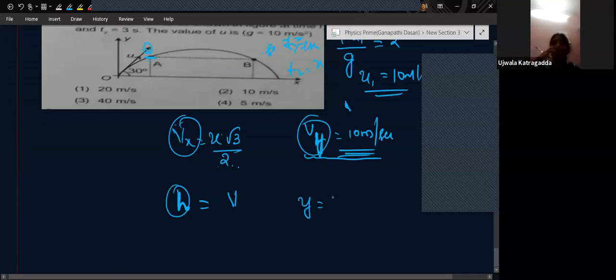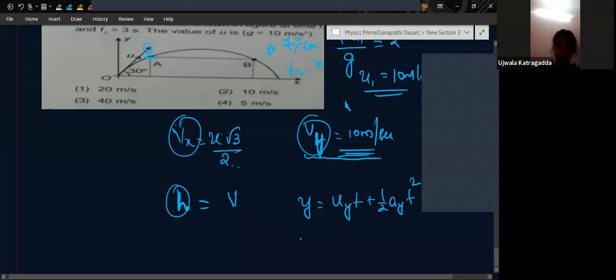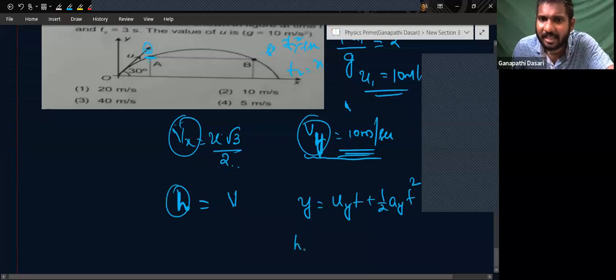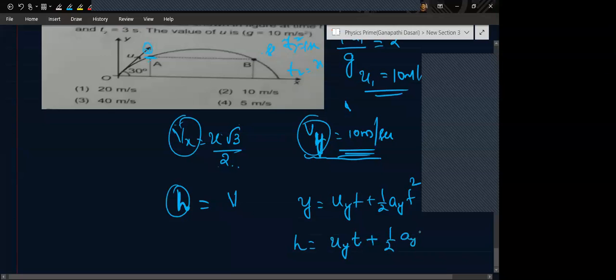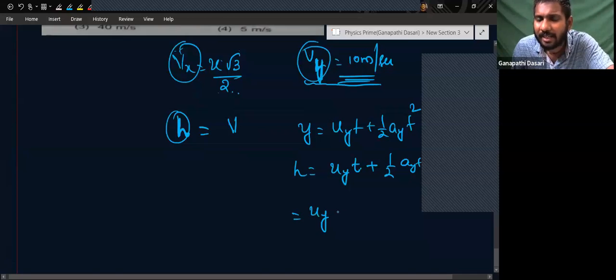y is equal to uy t plus half ay t square. So y is nothing but h here. That h is equal to uy t plus half ay t square, which can be written as uy into t minus g by 2 t square.